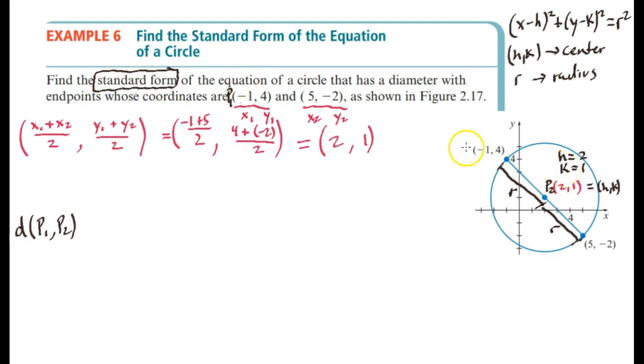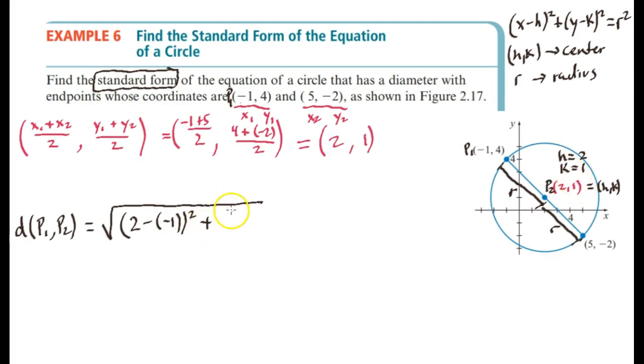So we would take the square root of x2 minus x1, or we could actually just look at this: this x value minus this x value. So that would be 2, subtract negative 1, squared.